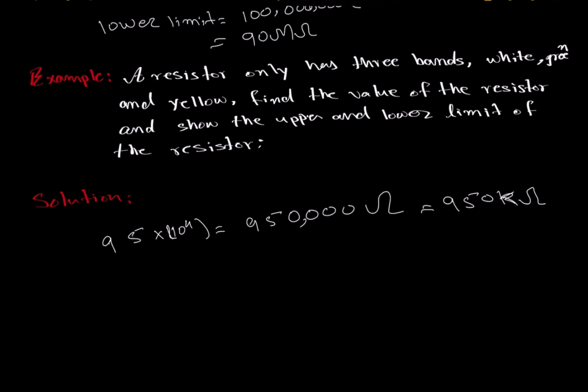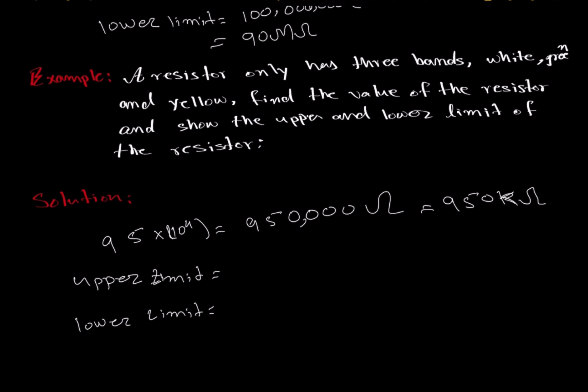Now we are asked to find the upper and lower limit. If you don't have any fourth band, if the tolerance band is not there, that's automatically 20%.